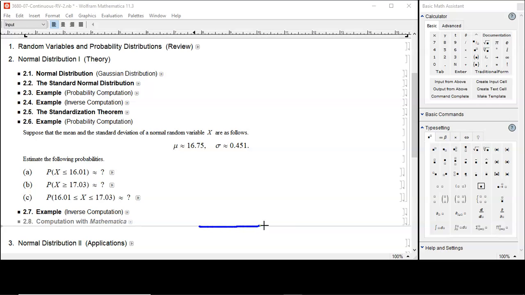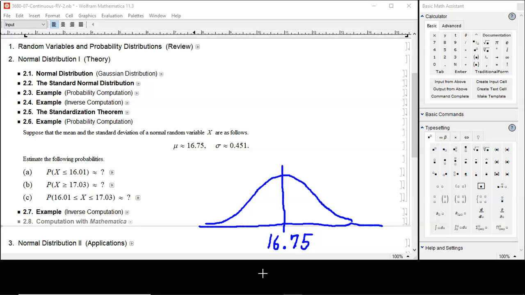Let's see, we have x-axis like this, and then a normal graph like this. Lousy picture, but please forgive me. And then centered at the mean 16.75. This is what you're going to get.